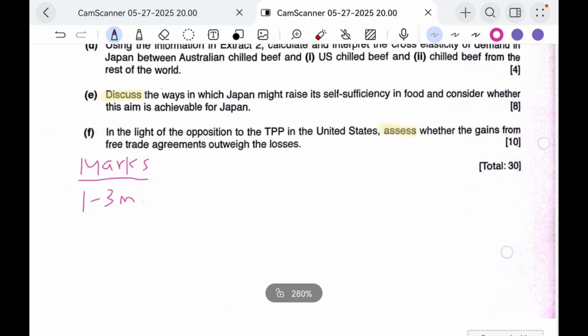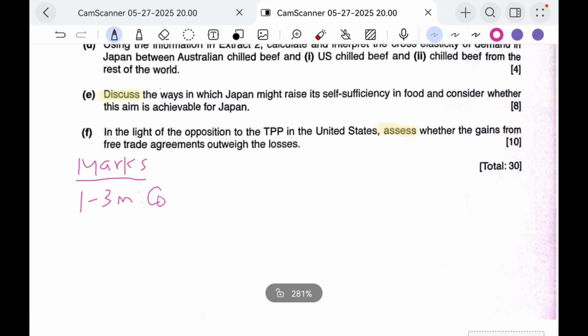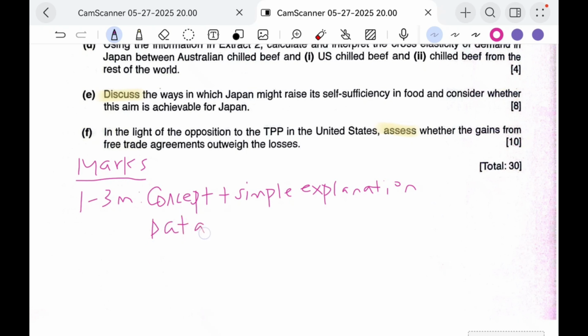Let me write it again. You have a concept plus a simple explanation, or you have data plus observation or simple explanation.